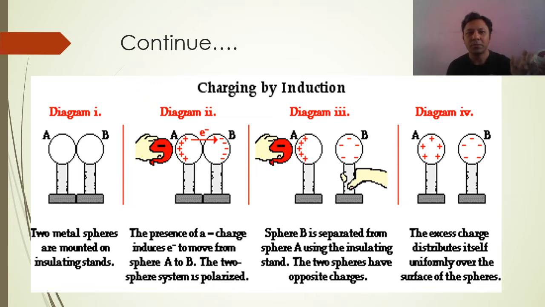If a piece of negatively charged material, or a piece of cotton, is rubbed on sphere A, then it will create positive charge, and that potential will go to the negatively charged B. Now if you separate them, then A becomes positively charged and B becomes negatively charged.